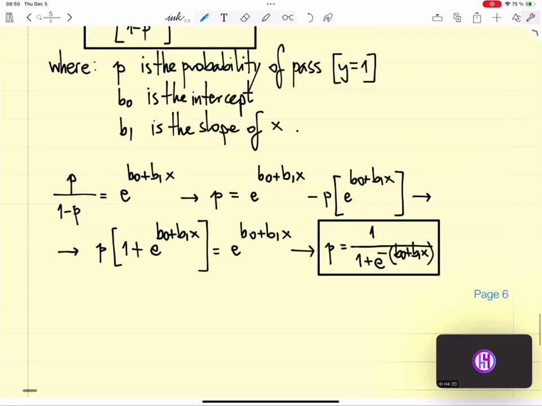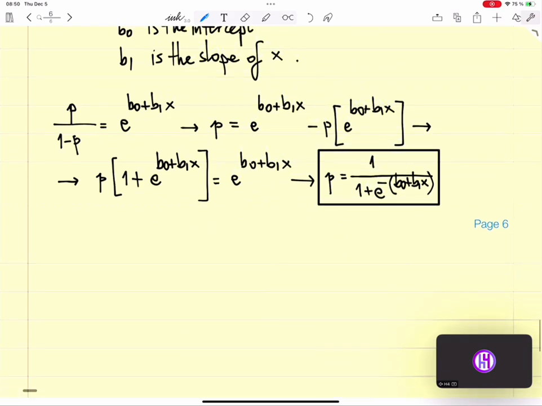So now we solve for the coefficients. Step 3, solve.